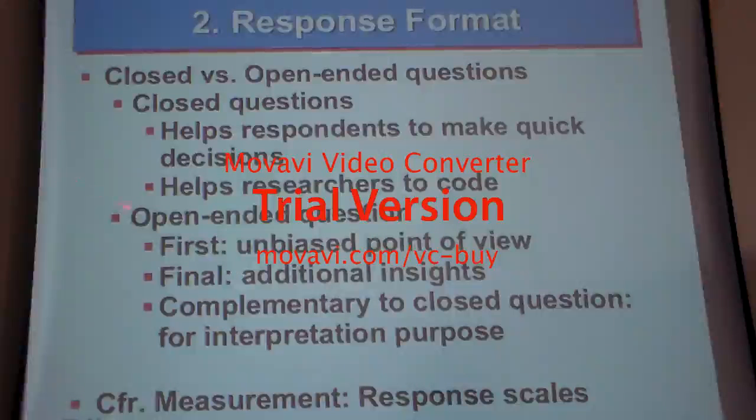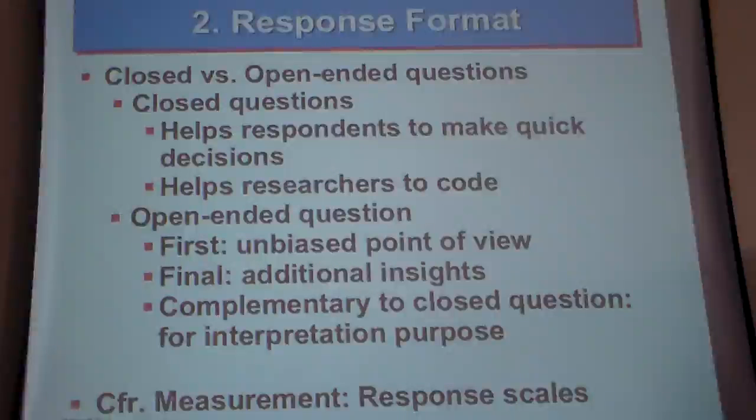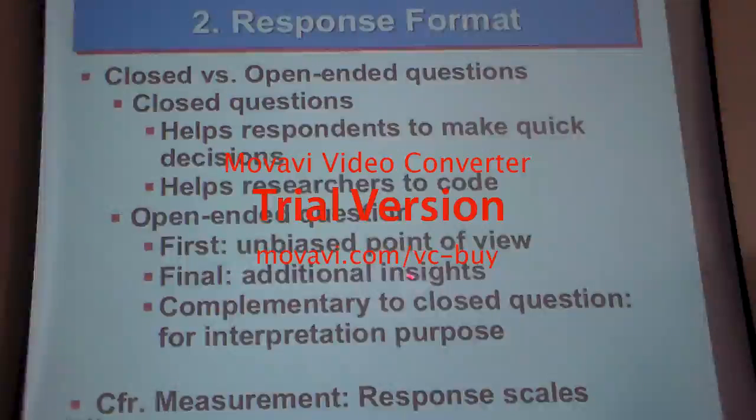But we have a different kind of question, which is open-ended questions. With open-ended questions, the respondents can talk about the answer. It's not just a choice. You can answer it by writing, for example, or by saying something. But it should be an unbiased point of view.